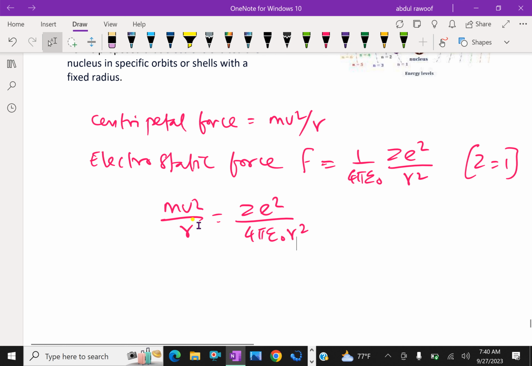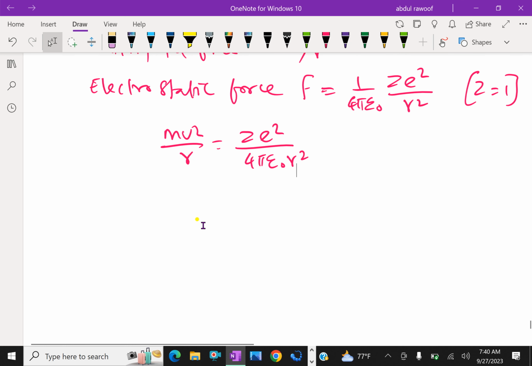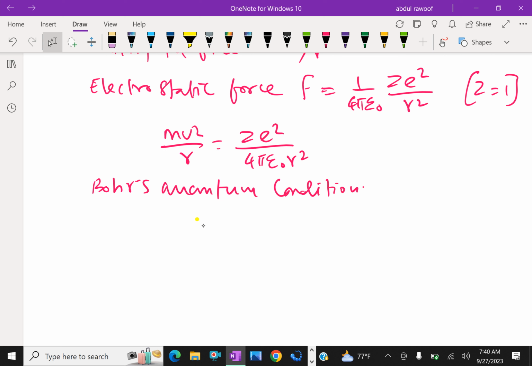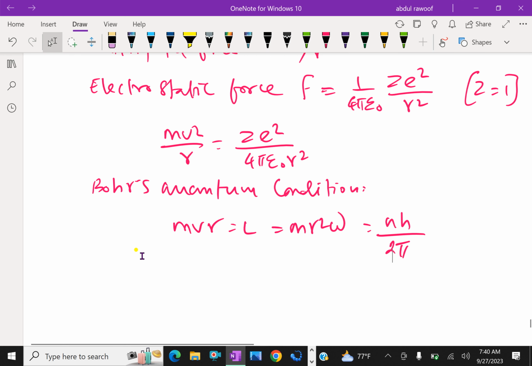Now, from Bohr's quantum condition, look here, mvr is equal to L, which is equal to m r squared omega, equal to nh over 2 pi, where n equal to 1, 2, 3, 4, 5, 6, n is an integer.